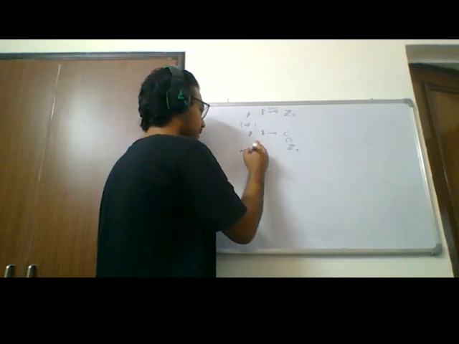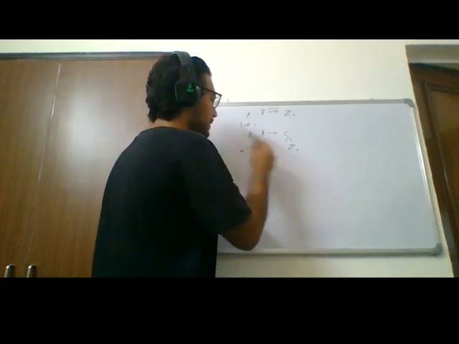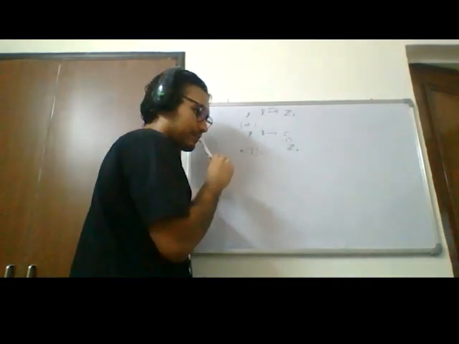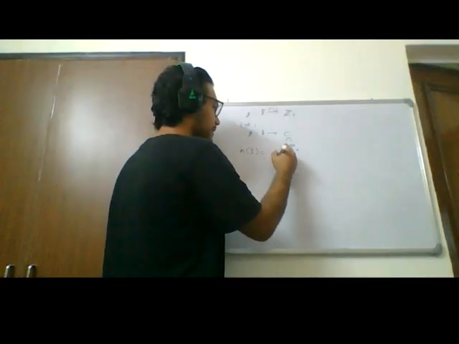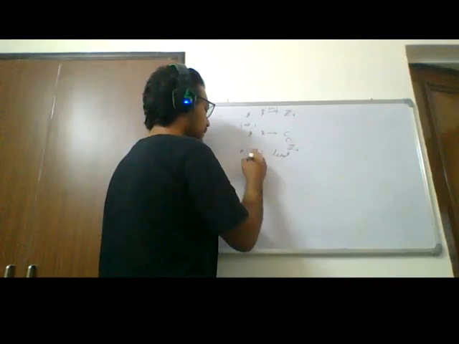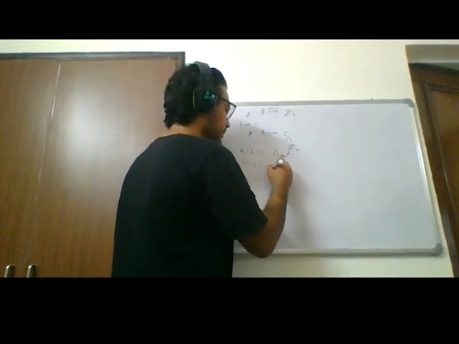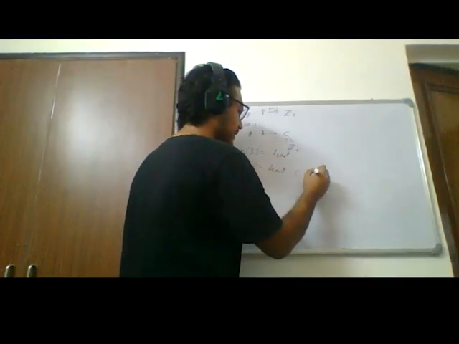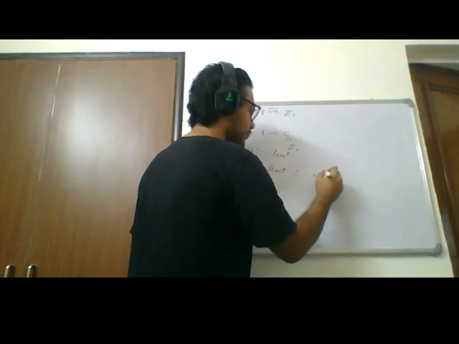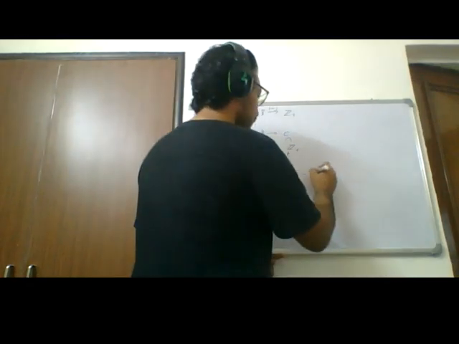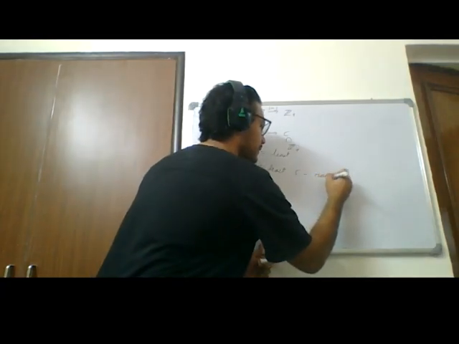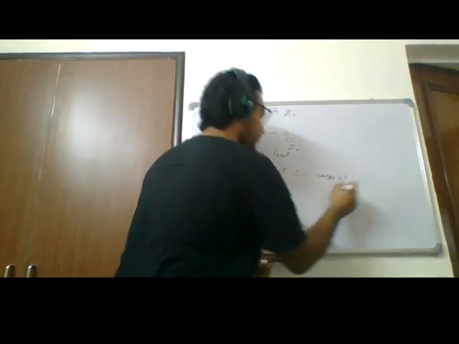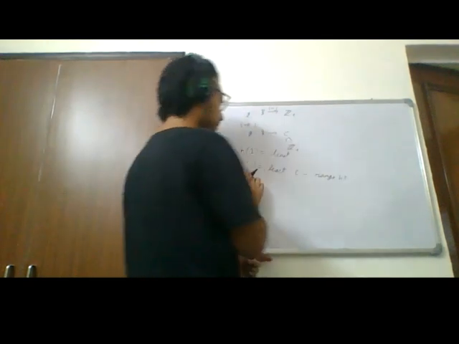H of 1 is equal to the least member of C, and since it's a subset of Z plus, that least member exists. And H of i is equal to the least member of C minus the range of H restricted to all numbers less than i.